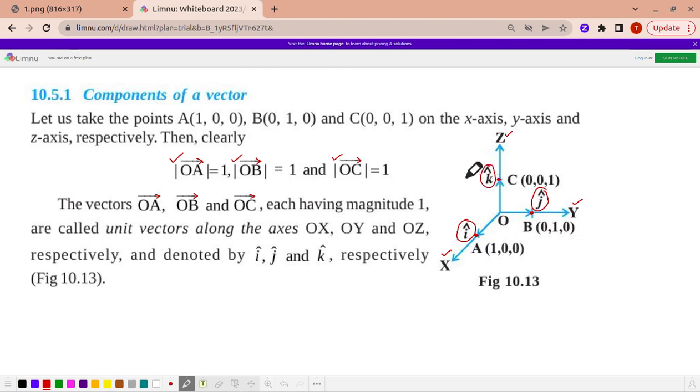So the unit vectors along OX, OY and OZ are I cap, J cap, K cap respectively. Okay, I hope this is absolutely clear.